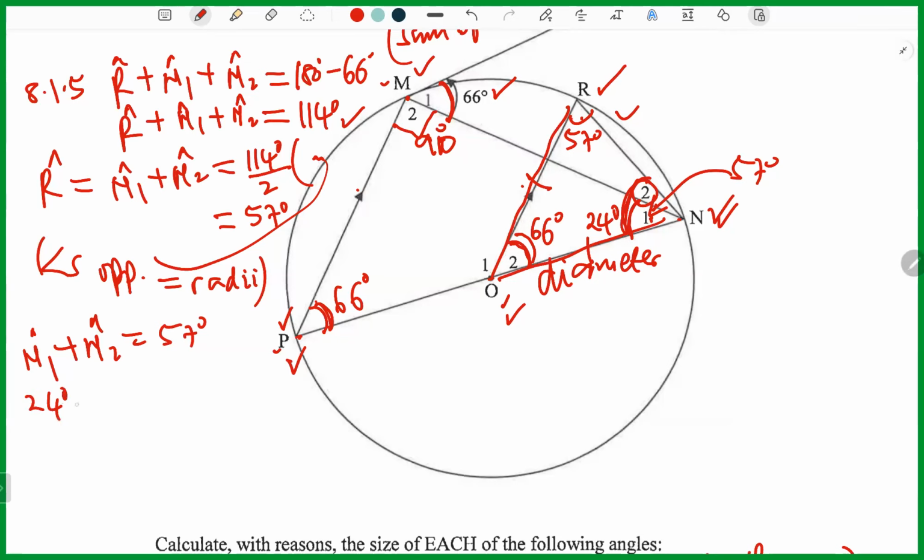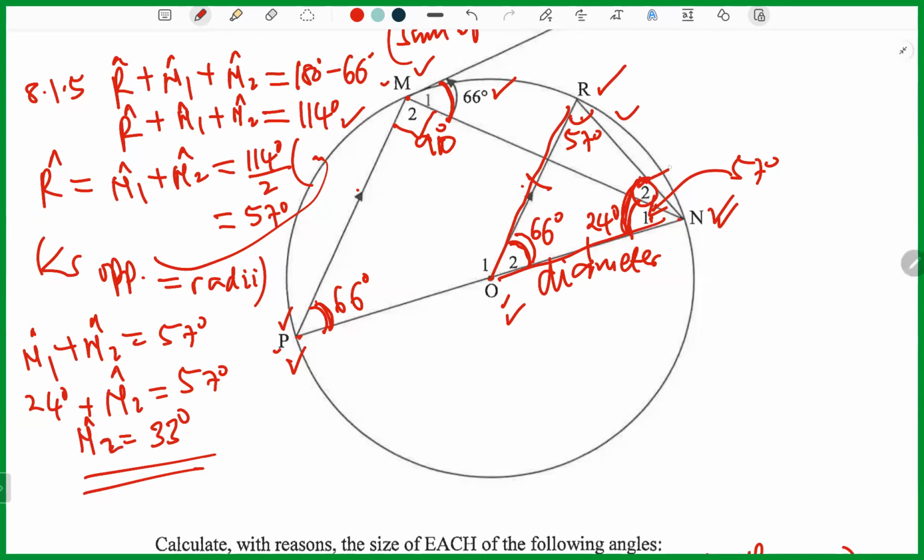So angle N1 is 24 degrees plus angle N2, which is 57 degrees. And what is therefore angle N2? It is 57 minus 24, 33 degrees. So angle N2 is 33.